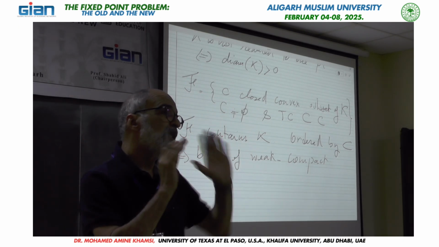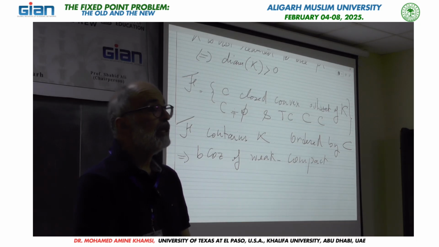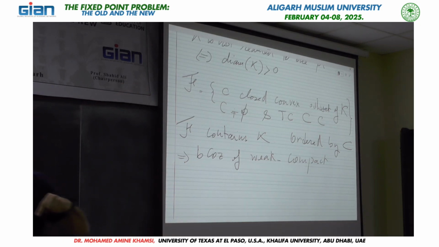To be invariant, that's easy because each one of them is invariant. Just set theoretical approach. And therefore, by Zorn's lemma, we have what? Minimal element. So here, Zorn's lemma applies.